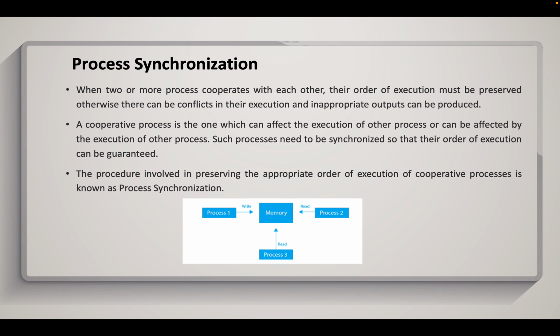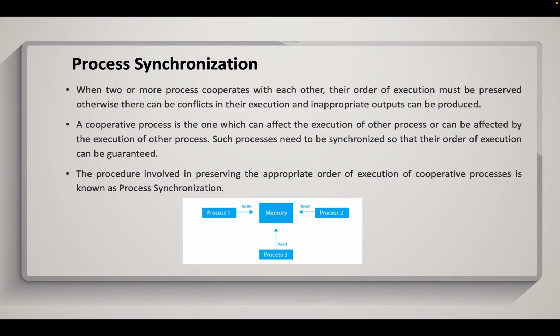What is process synchronization? When two or more processes execute at the same time, the order may affect the execution of a process. So when more than two processes try to execute on the CPU at the same time, sometimes data collision occurs or the system may give improper results.